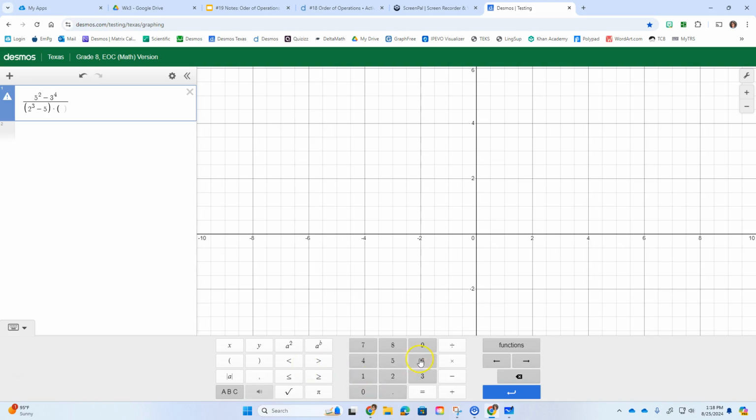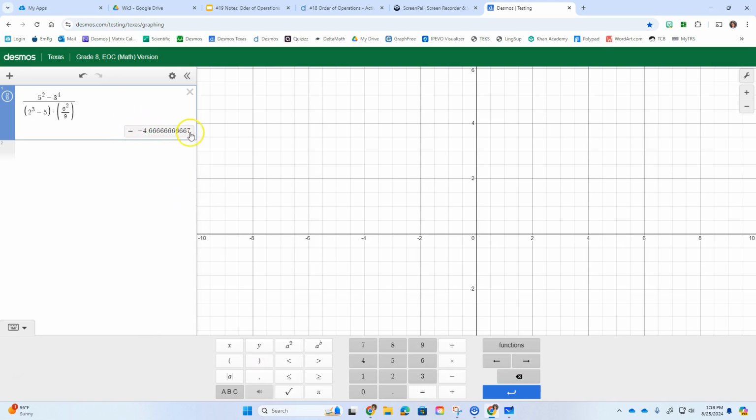And then I'm going to do 6. That exponent is a 2, so I can just go ahead and use the square button. And then when I hit divide, it's going to put that 9 on the bottom again, and that's exactly where it goes. And then right arrow out before you close the parentheses.